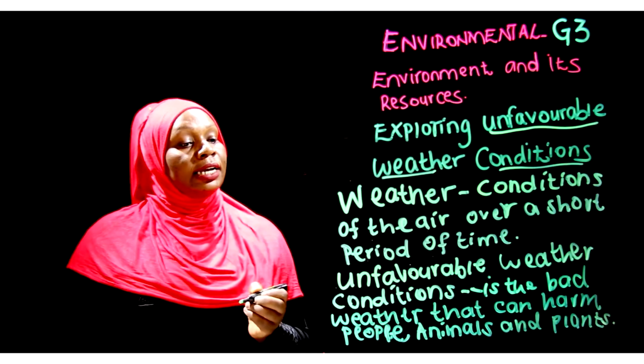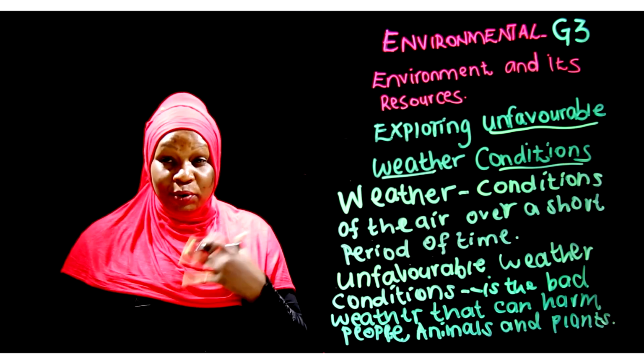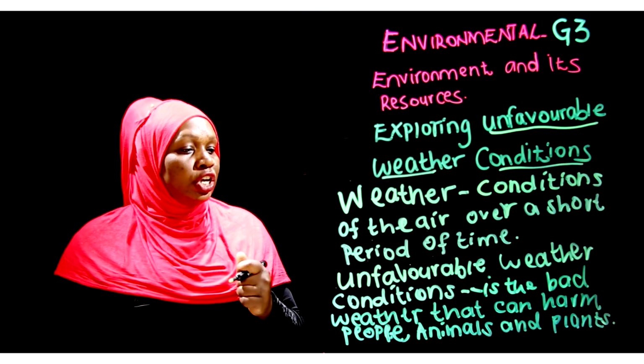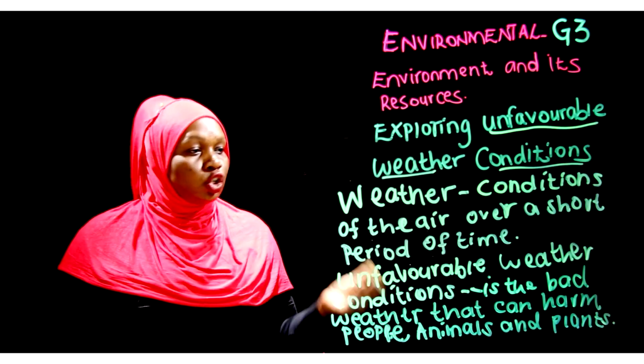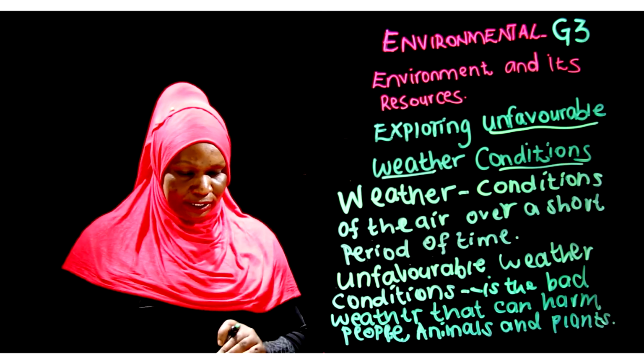So if the weather is not good, it's going to harm animals, it could harm people like us, like you, it could harm plants. So we call this unfavorable weather conditions.